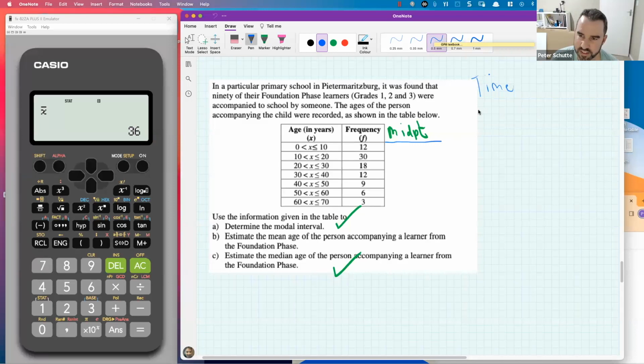And so in this case, the smallest value is going to be really, really tiny, close to 0. And so the midpoint between 0 and 10, just trust me on this for now, we divide by 2, and we're going to get 5 for my midpoint. And the reason it's different this time is that the nature of the variable is continuous.